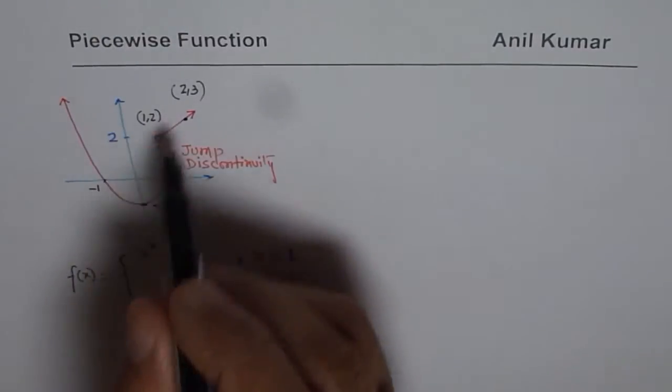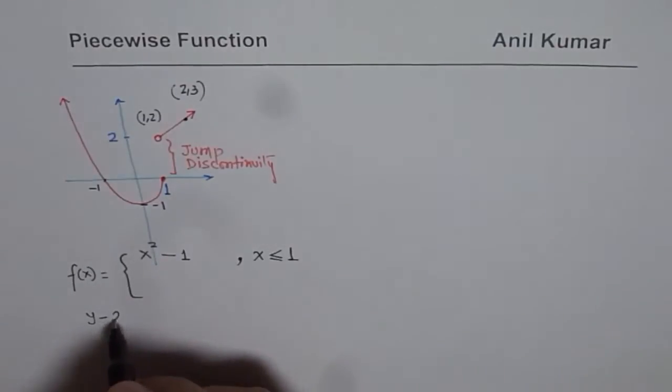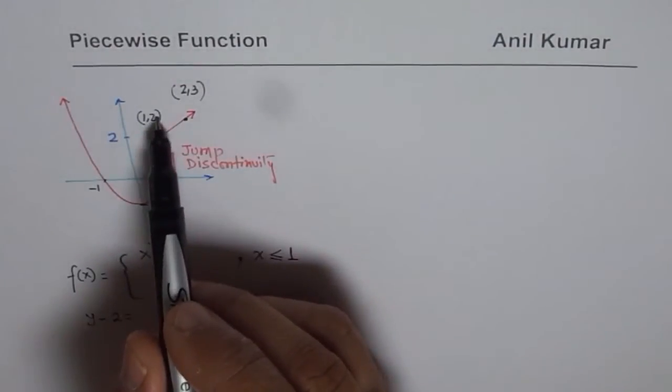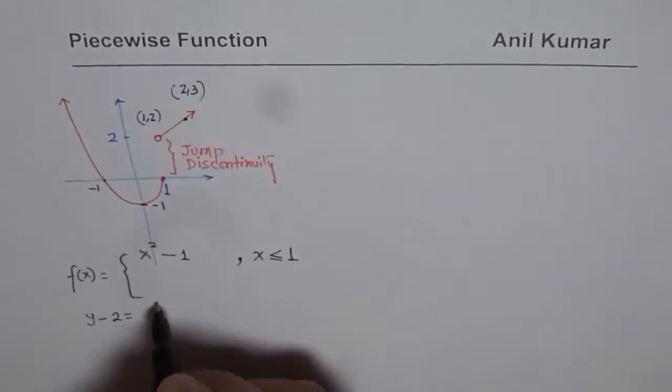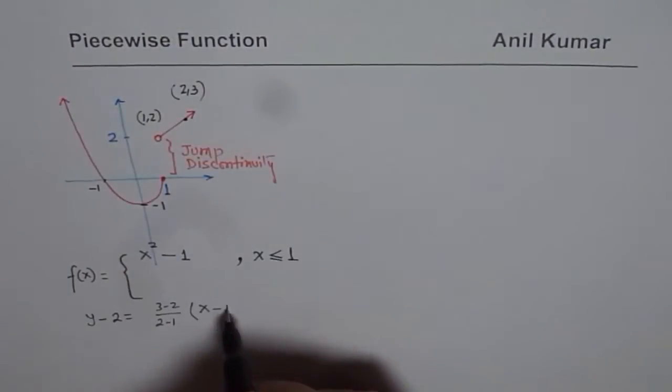You can use, for example, this point: y minus 2 is equal to the slope. The slope is y2 minus y1, which is 3 minus 2, divided by 2 minus 1, times x minus the x value. Is that okay?